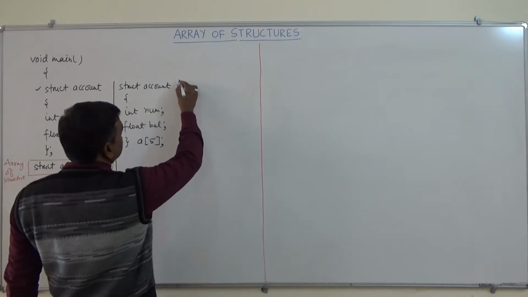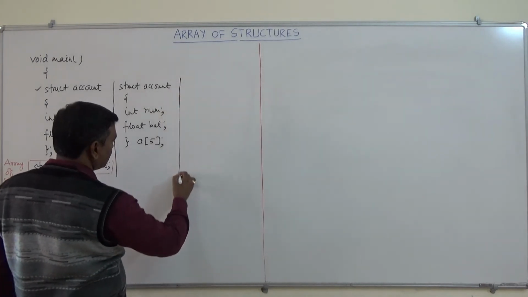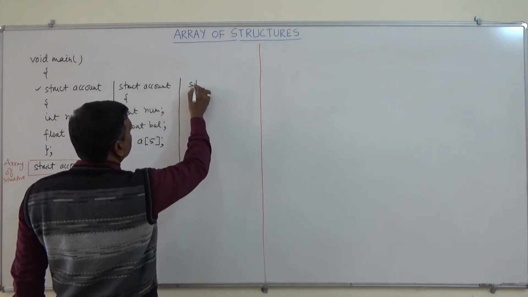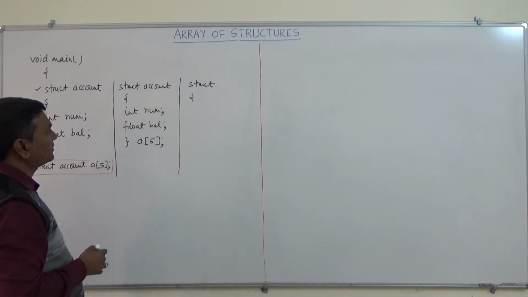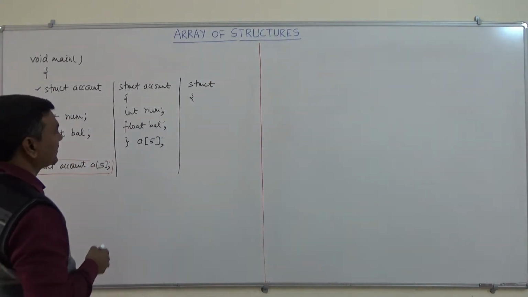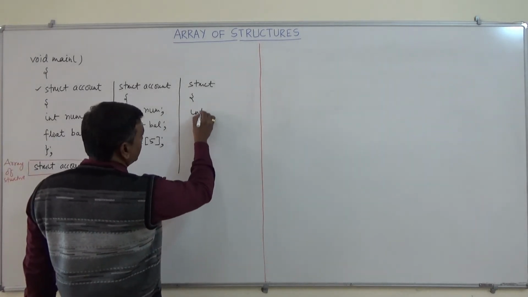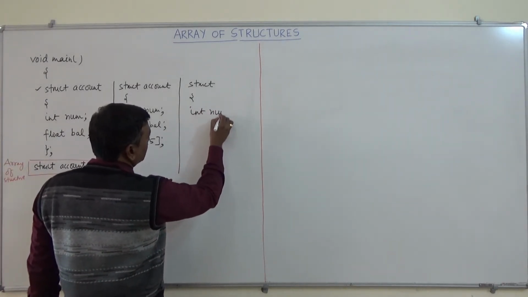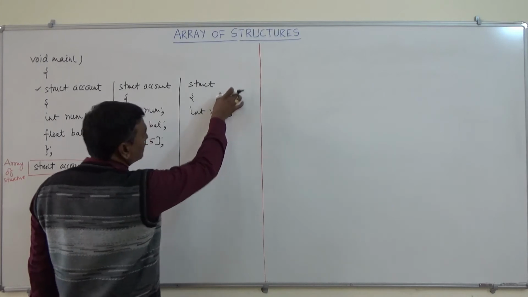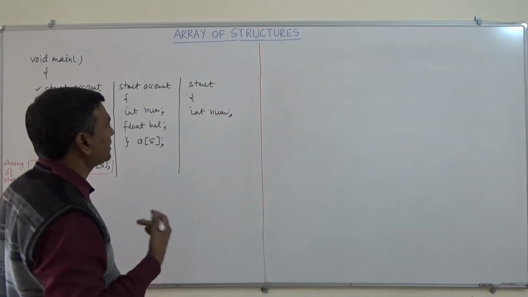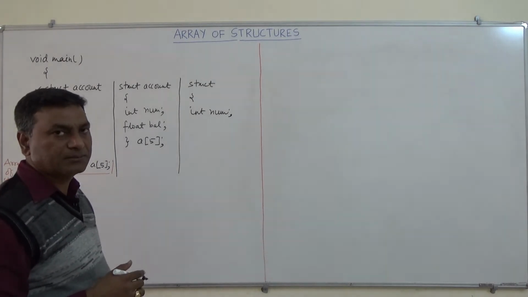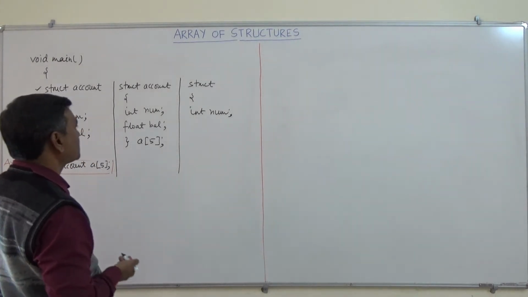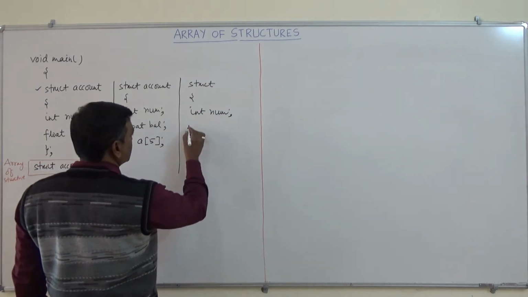And the third way is another way that will also be correct. We can give the syntax for this. We can write int num. Here we are not going to take the name of the structure, we can directly declare an array, or we can say we can directly create the variables for a particular structure.